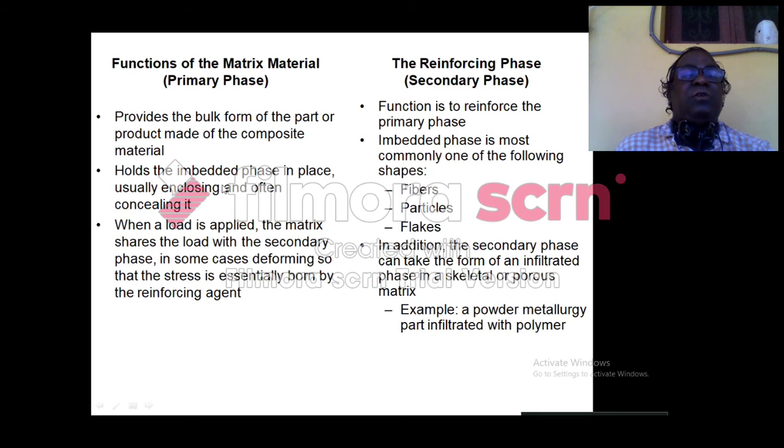The embedded phase is usually enclosed, often concealed. The secondary reinforcement is placed inside the matrix, and commonly takes the form of fibers, particles, or flakes.